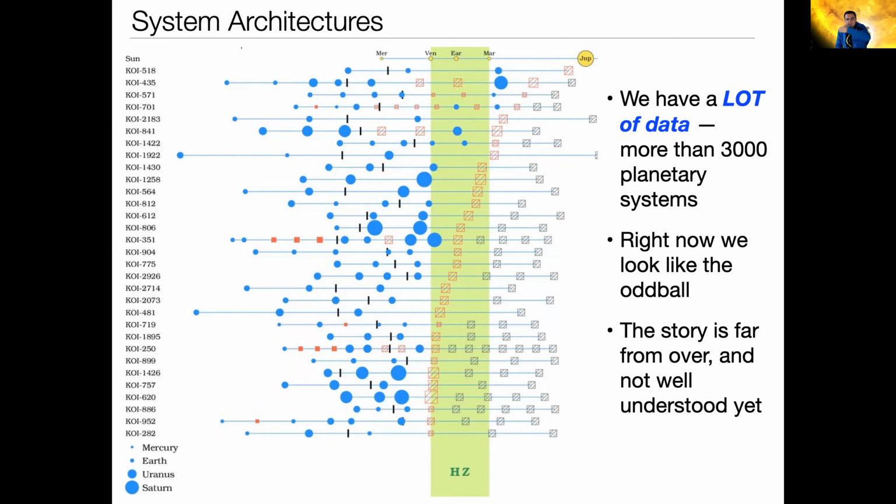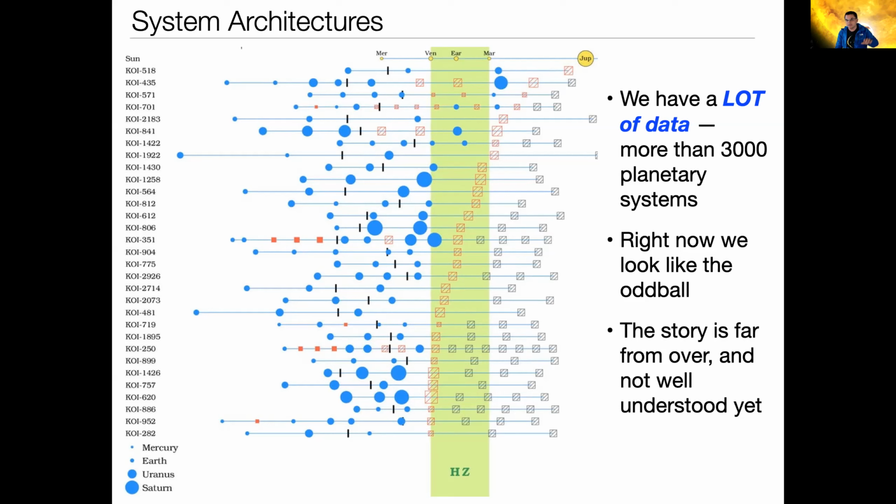Then there's a line that shows basically the relative spacing between the planets, how far away each is from its parent star, which is over here where the name is, and then the size of the planet shows its relative size. If it's the size of Mercury, Earth, Uranus, or Saturn, that's the size it'll be. What you can see here, looking at this picture, is we have found precious few systems that are anything at all like our own solar system.